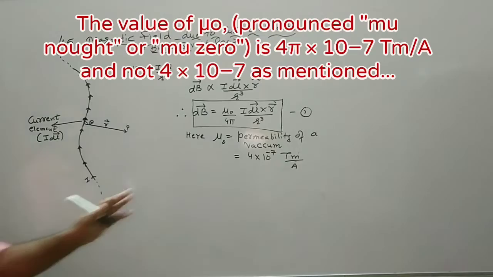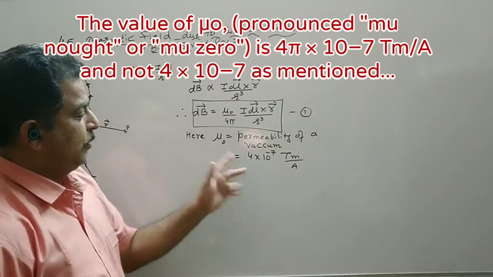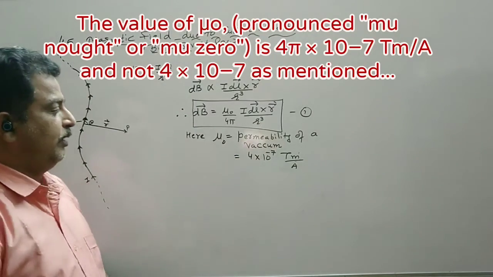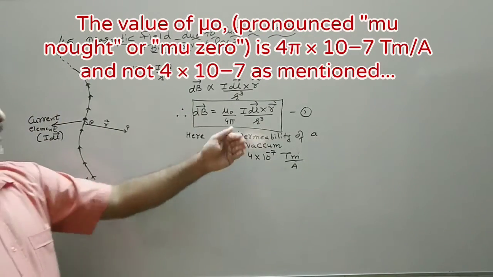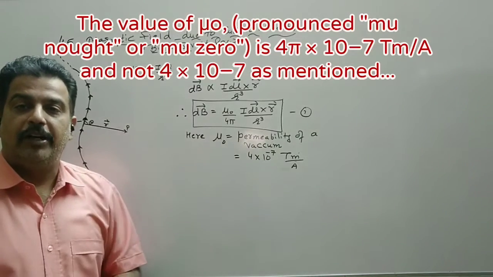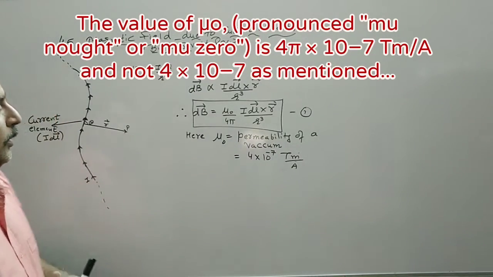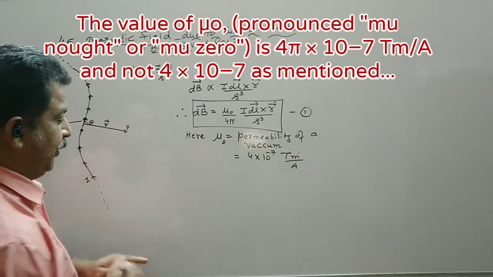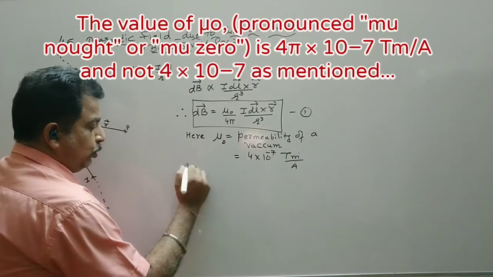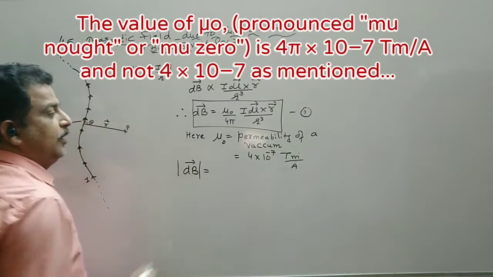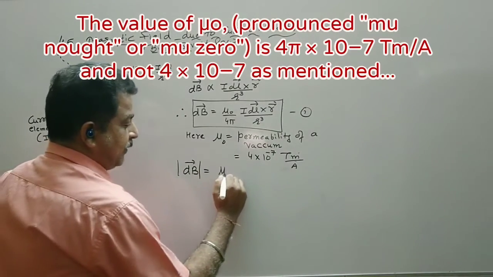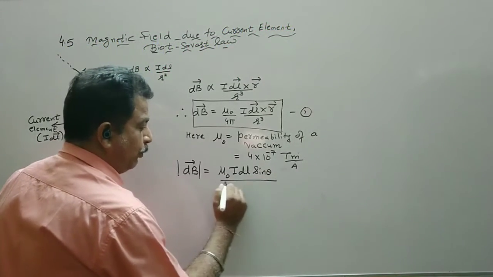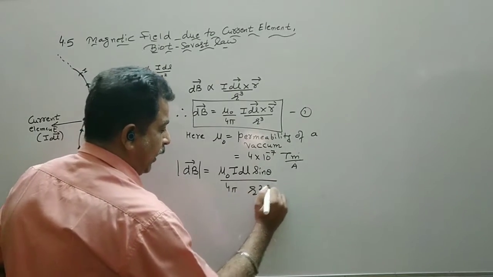You find out its dimensional formula also. So the dimensional formula of mu naught is left as an exercise. This is the permeability of a vacuum, that is the ability to allow the magnetic field to pass through it. Now, if we want to write down its magnitude, the magnitude of magnetic field intensity at point P will be given as I dL sin theta upon 4 pi r square.